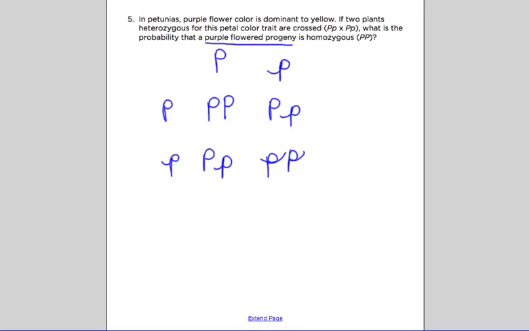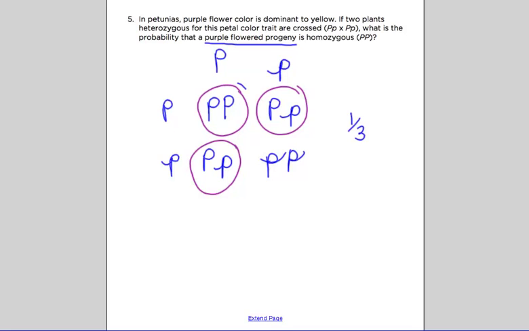So that's the important trick here. If you look at the phenotypes of these offspring, only these 3 have purple petal colors. So out of these 3, only 1/3 is homozygous big P, and it's this one here. So the answer is 1/3.